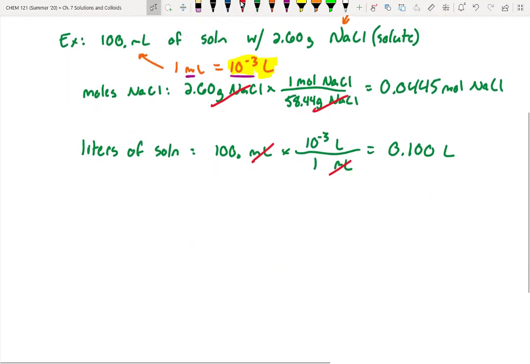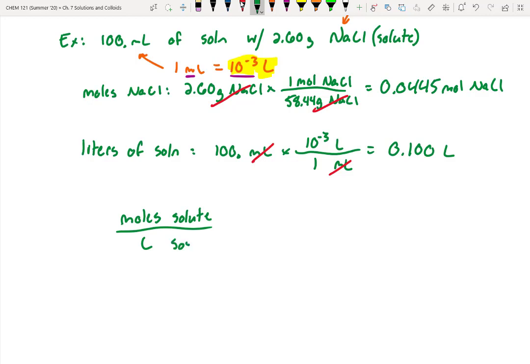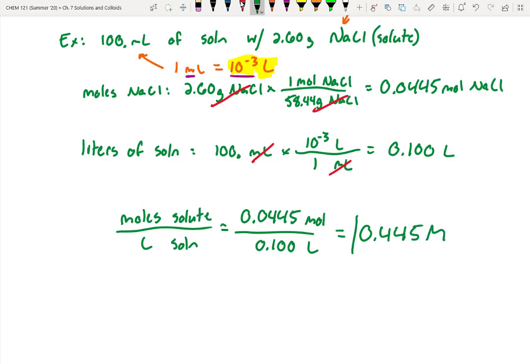Okay, so now we can say that the moles of solute over liters of solution would be equal to 0.0445 divided by 0.100 liters, which would give me a value of 0.445 molar.